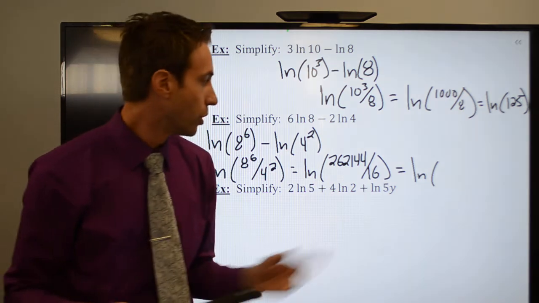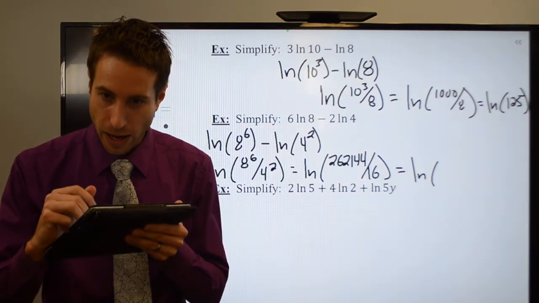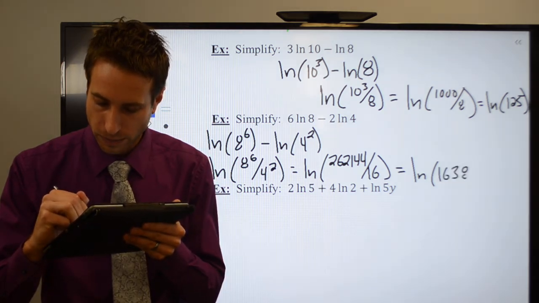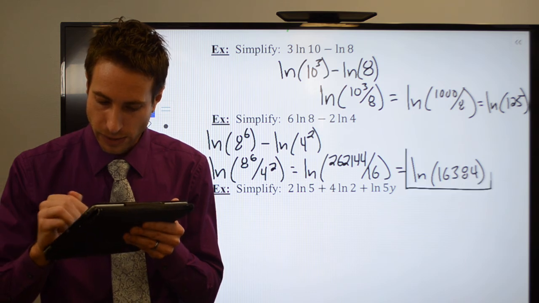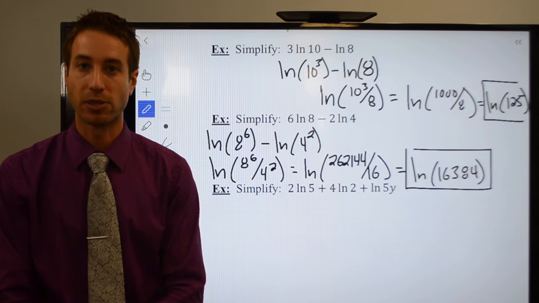And if you were to do 262,144 divided by 16, you should get 16,384. So there you go, simplified using those exponential properties of logarithms.